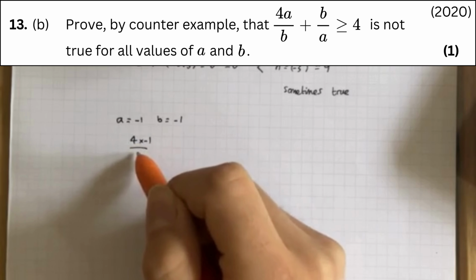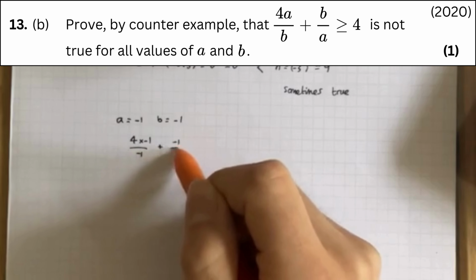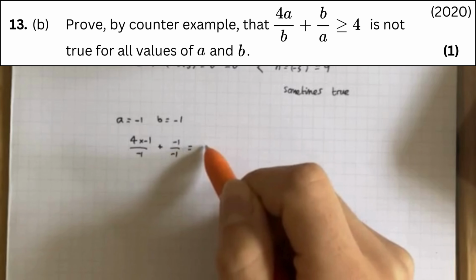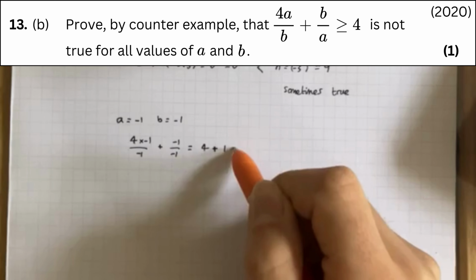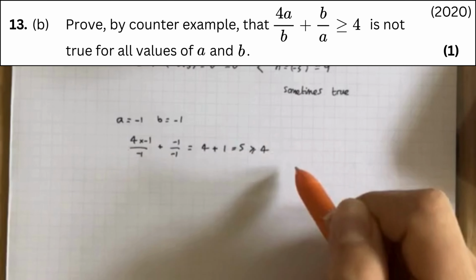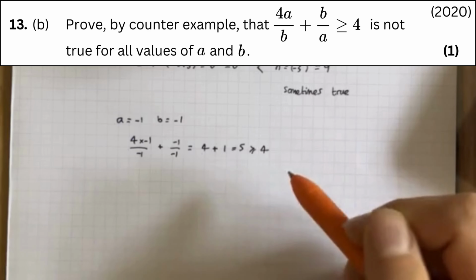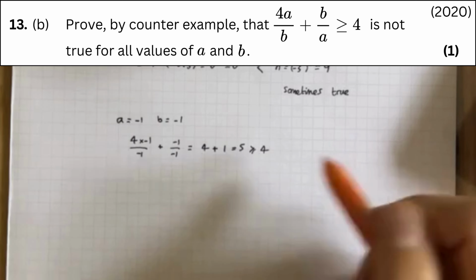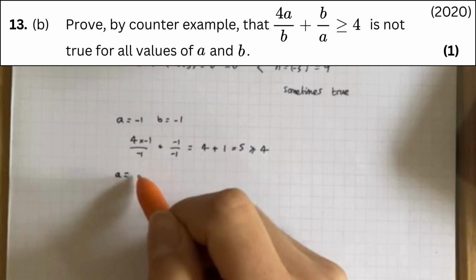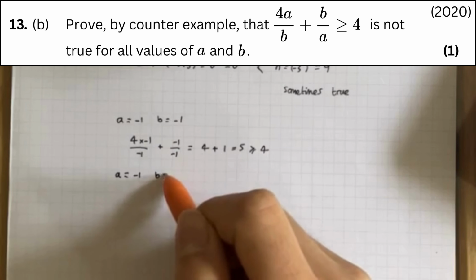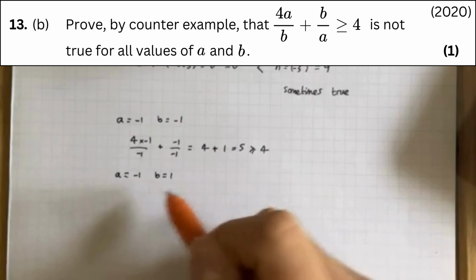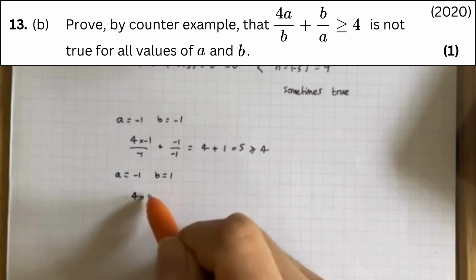So if a is -1 and b is -1, then 4a over b plus b over a, this time you might see that we're still going to get a positive number, which is still bigger than or equal to 4. But the idea in a counterexample is if something doesn't work, you try a different path. So I'm going to try one number as positive and one as negative, and we'll see if this works.